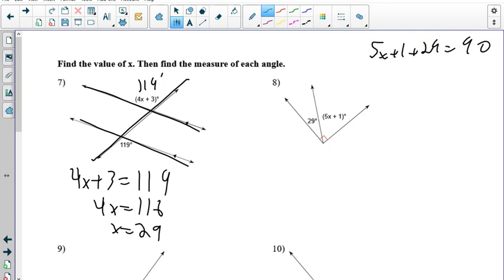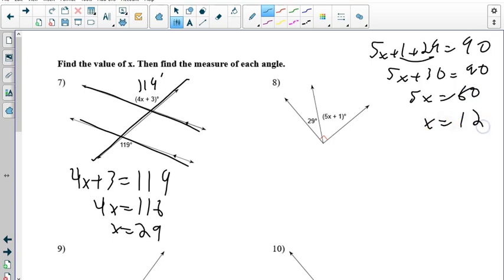You subtract 29, and you get 61. Oh, sorry, my bad. I forgot to combine like terms. I missed that 1 right there. So that's 30. 5x plus 30 equals 90. If I subtract 30, I get 5x equals 60. And divide by 5, x is 12.